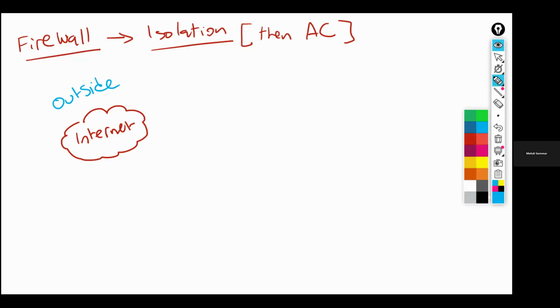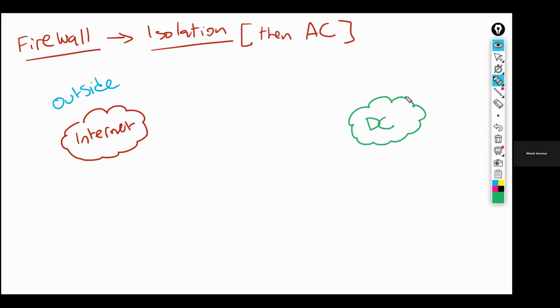On the other hand, you have, for example, your data center. This is your DC, hosting your own controlled applications. So the data center is something that you trust because you are the owner. You know exactly which applications are running. You know the IPs, you know the tools, you know everything.